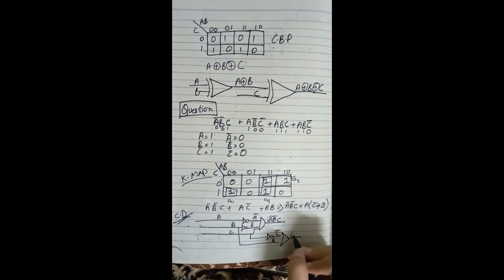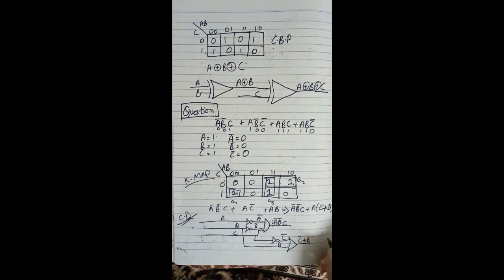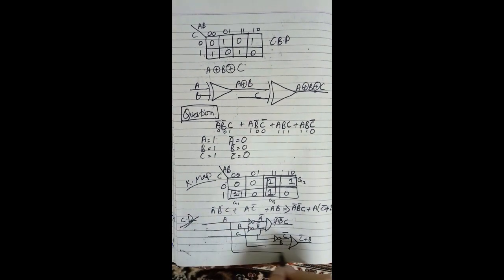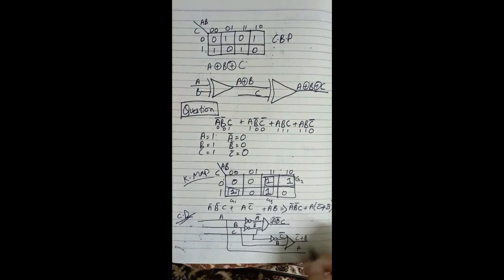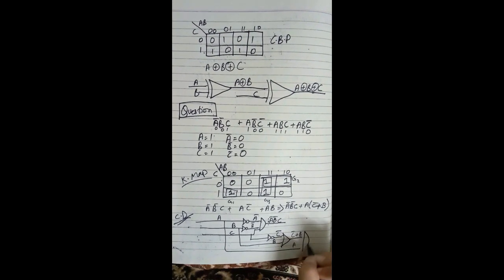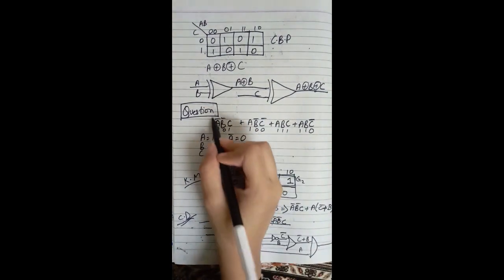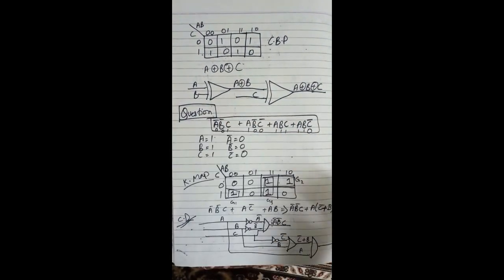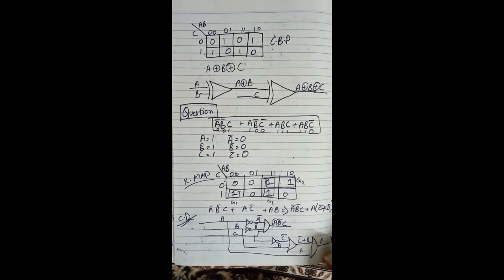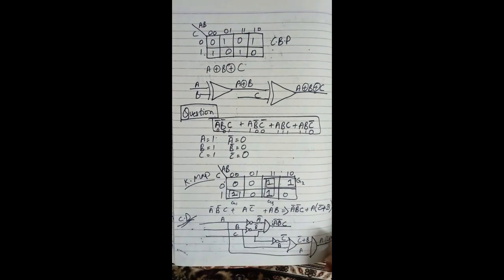This is our OR gate, C bar plus B. And then C bar plus B and A, they are connected with the AND gate. So this is our circuit diagram for the given question. This is A into C bar plus B.